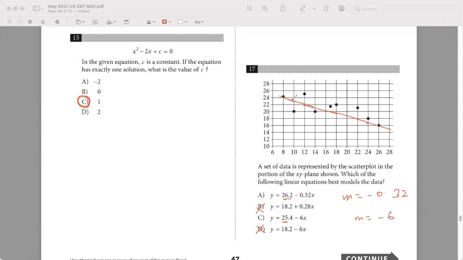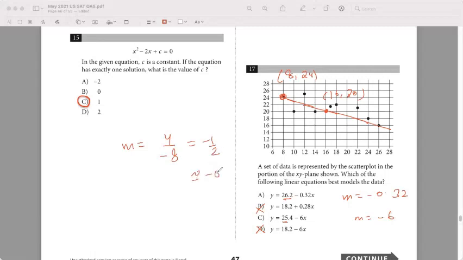So let's say I take this point and I take this point, right? Because the numbers are so far apart, even an approximation would work. So this point is 8, 24, and this point is 16, 20. So the slope becomes 4 by minus 8, which is minus half.